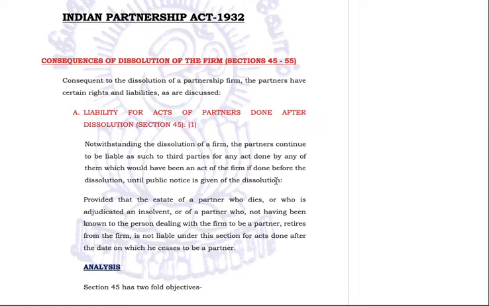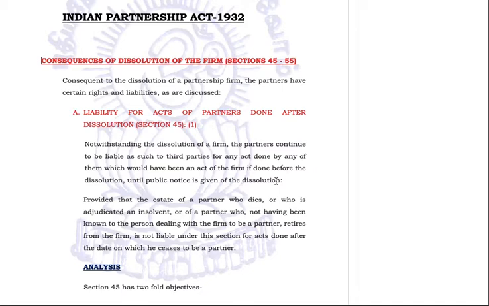Similarly, when the firm has dissolved, and partners have not given this notice of dissolution to the general public or the people who are dealing with the firm, and any partner roams around just like earlier days and tells people that I am still the partner of the firm and the firm is still going on, and he contracts liabilities, then all partners shall continue to be liable even after the dissolution of the firm.